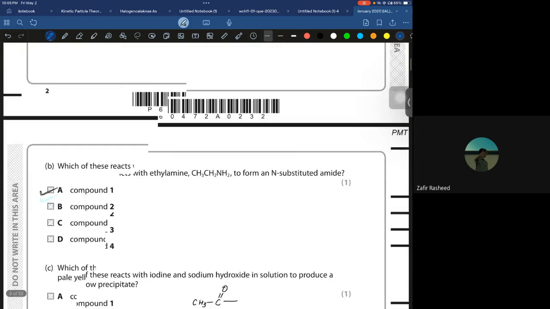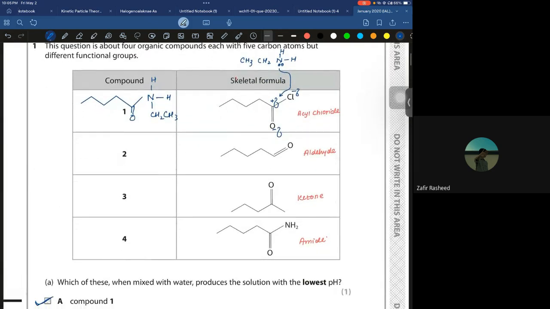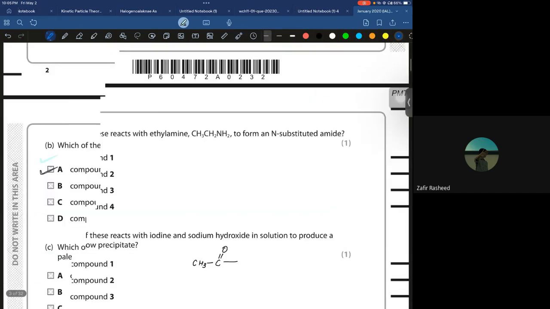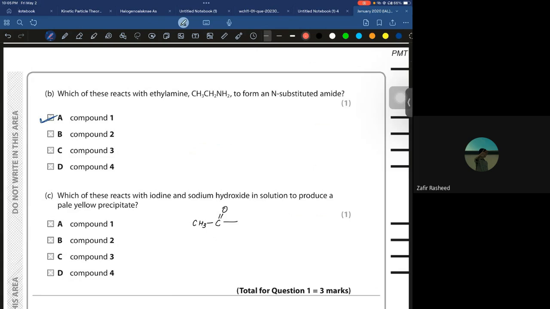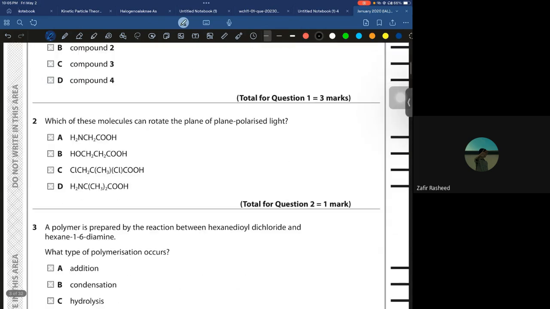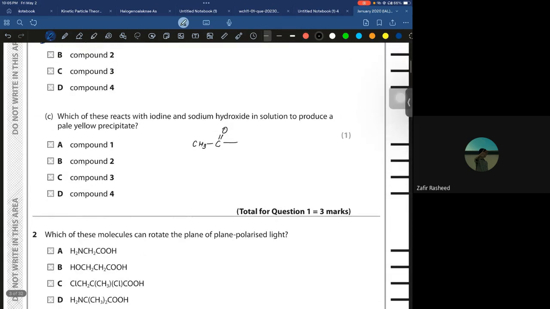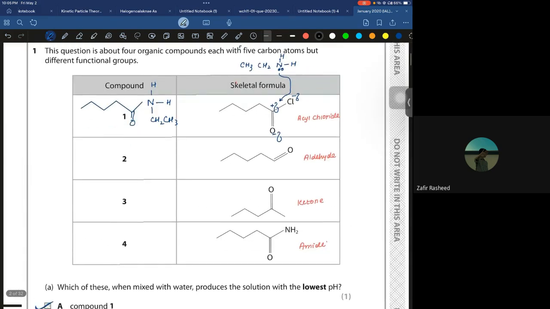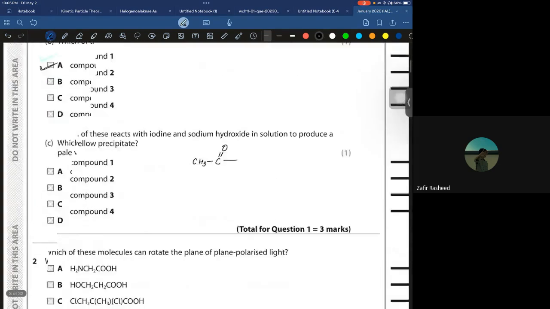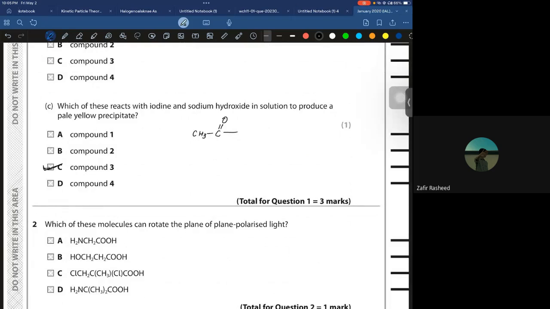So let's see. We have these compounds. This one doesn't have any methyl ketone. This one has a methyl ketone, that is CH3C double bond O. So compound three is going to give us the positive result with iodoform.